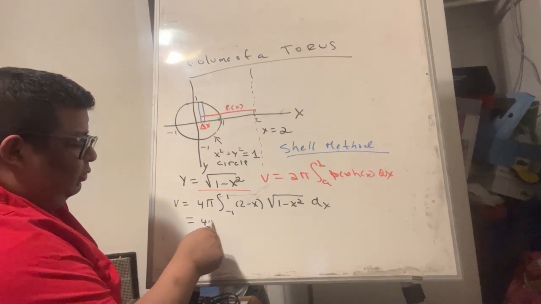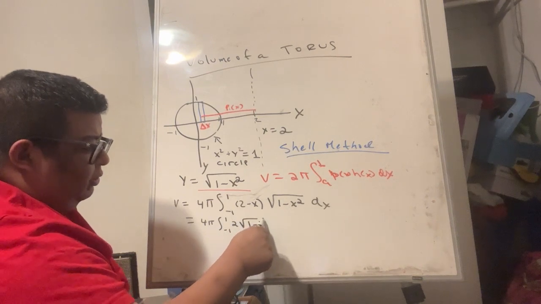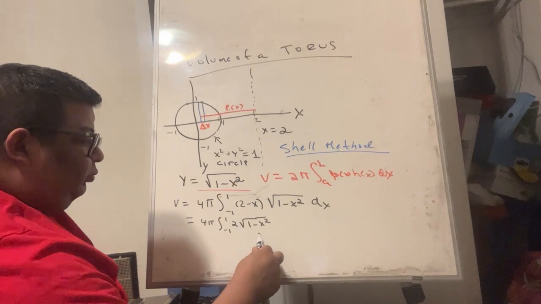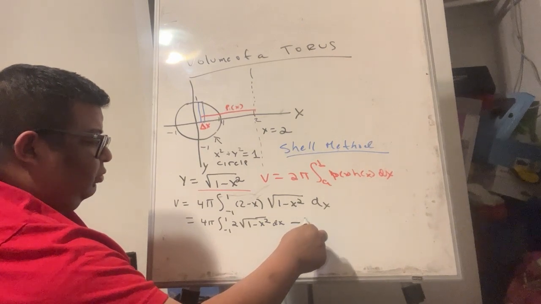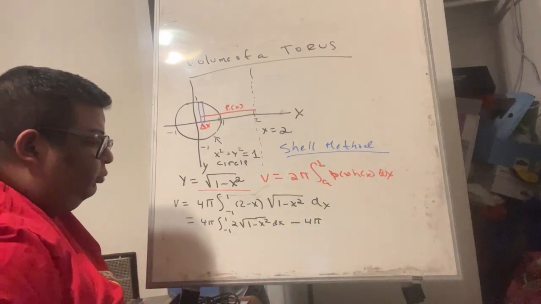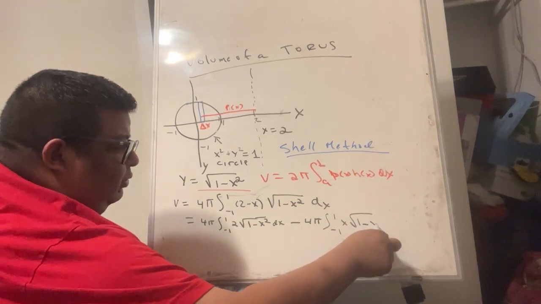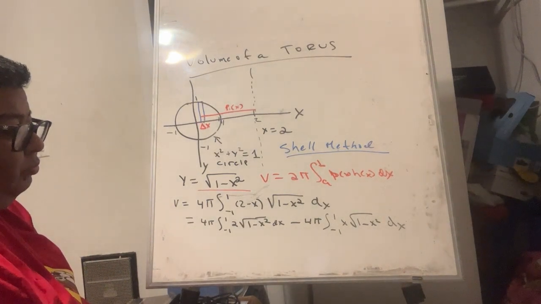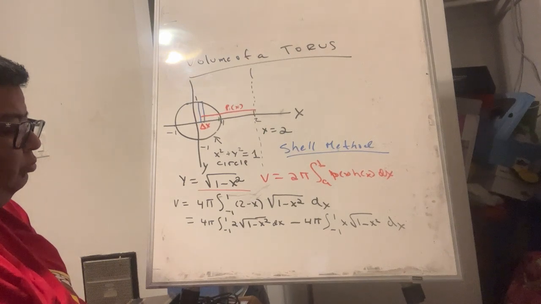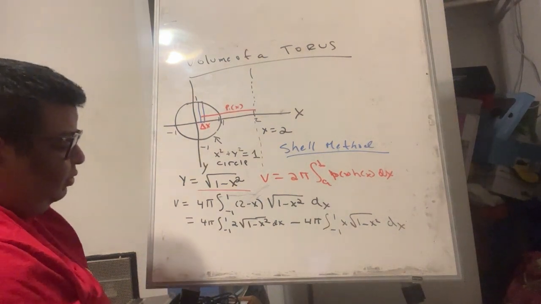So we're gonna do 4 pi, -1 to 1, 2 times square root of 1 minus x squared dx, minus 4 pi, and then -1 to 1 of x times square root of 1 minus x squared dx.